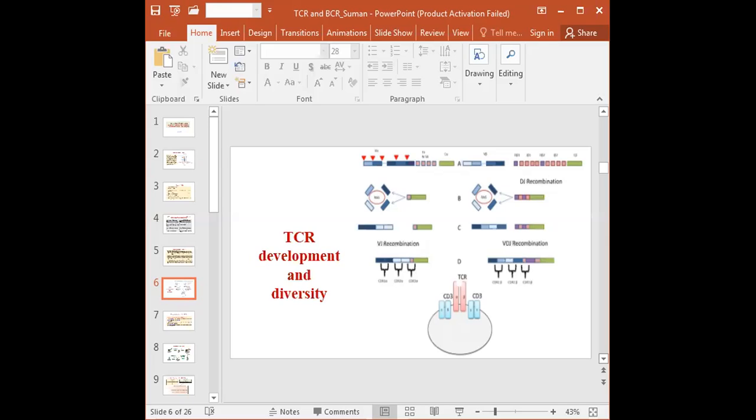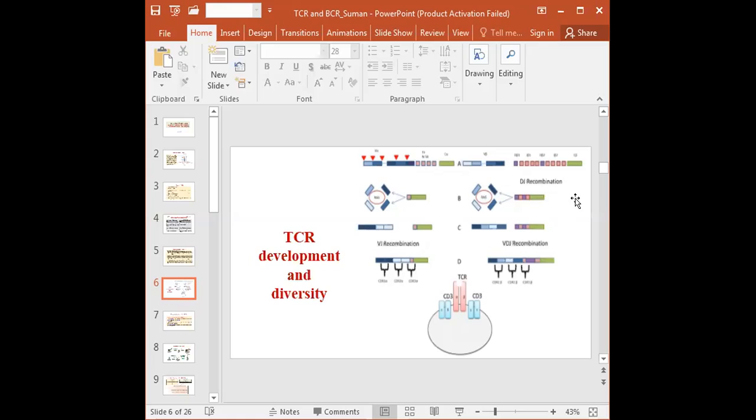Accordingly, the alpha chain is generated from VJ recombination, and the beta chain involves VDJ recombination. This is similar to the development of gamma delta TCRs, in which the TCR gamma chain is generated by VJ recombination, and the TCR delta gene by VDJ recombination.